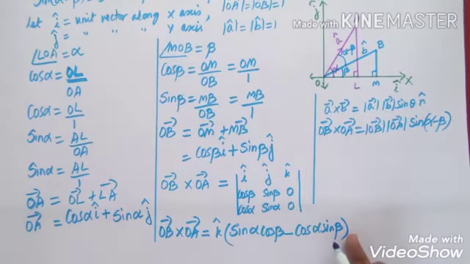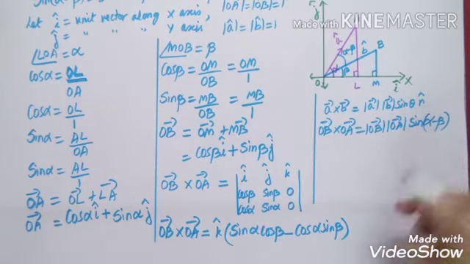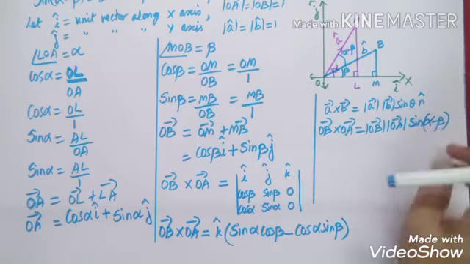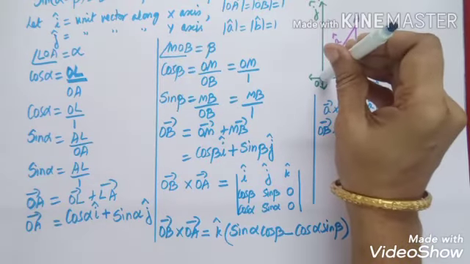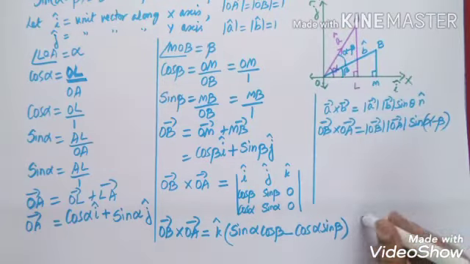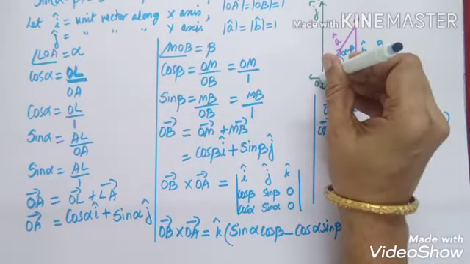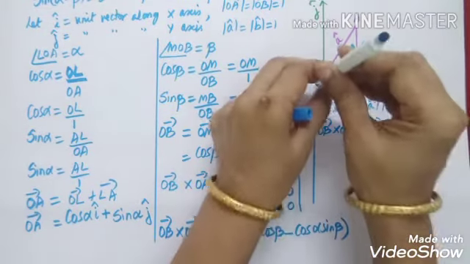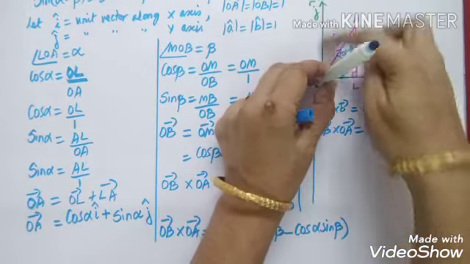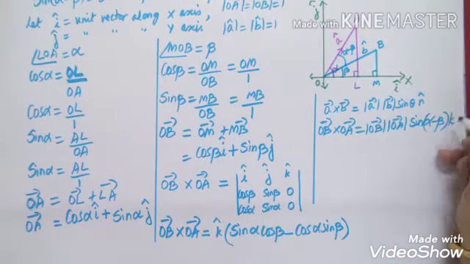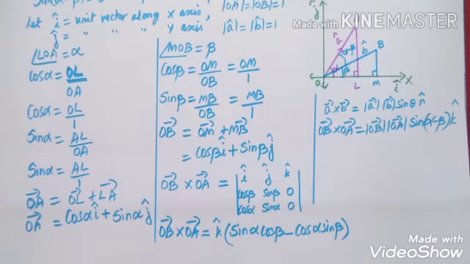And what is n cap? n cap is a vector perpendicular to this. We are in the i vector and j vector. Which is perpendicular to i and j? It is nothing but the k vector. So any vector perpendicular to i and j will be the k vector. So instead of n, I will write k cap.